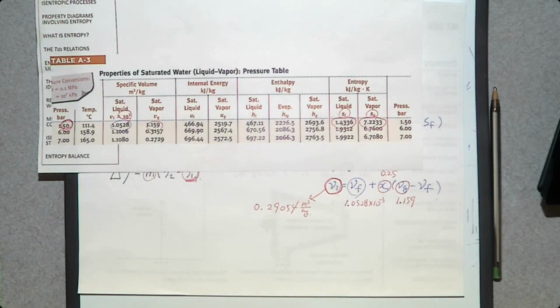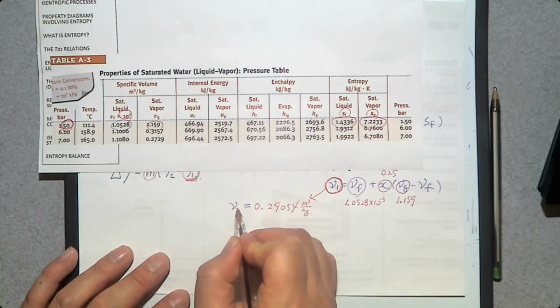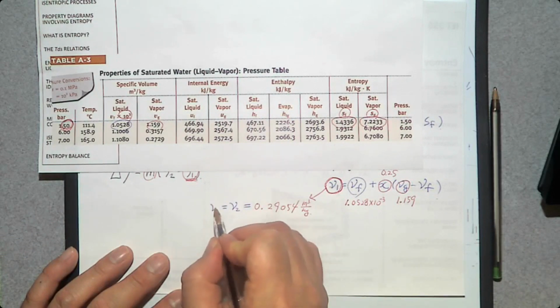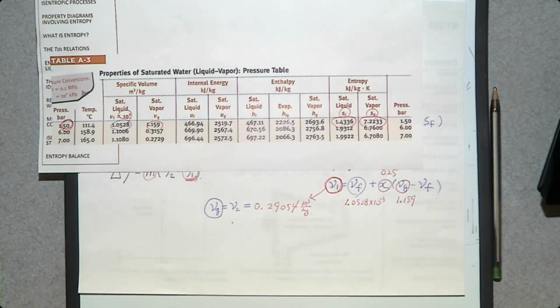Since we know at the end of this process the steam exists as saturated vapor, and since it is a rigid container, V1 is the same as V2, and V2 is saturated vapor, so we can say this one is Vg. Where is Vg?